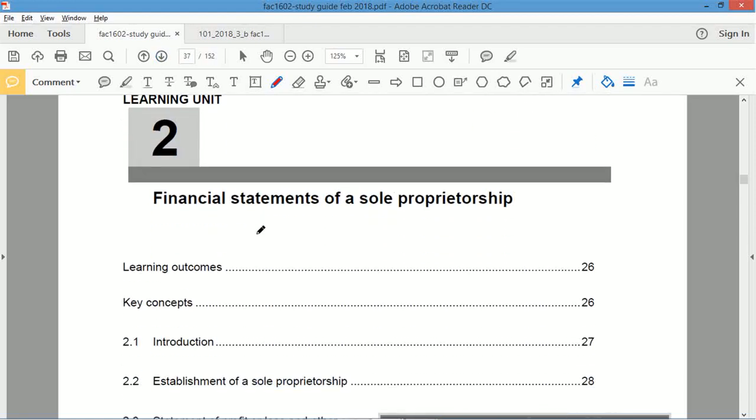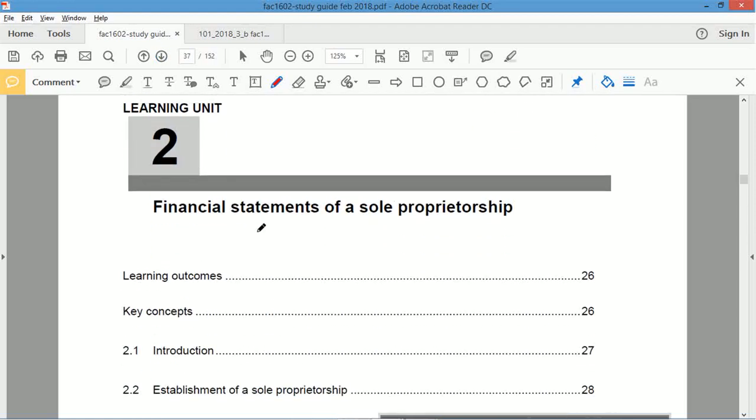And then the last thing here was just disclosure in terms of your property, plant and equipment. You can see they're telling you in their study guide, make sure you know how to adjust something in terms of fair value, make sure you know how to process depreciation and disclose it on the statement or in the notes. Because if they've given it to you in their study guide, and this is a new study guide, it's 1602.